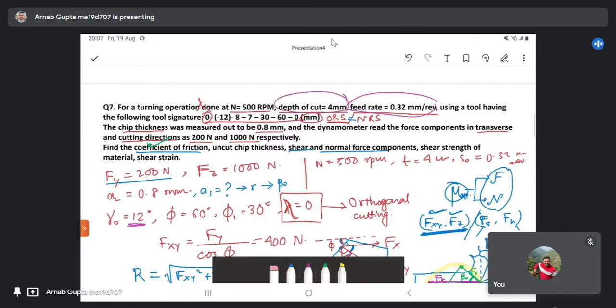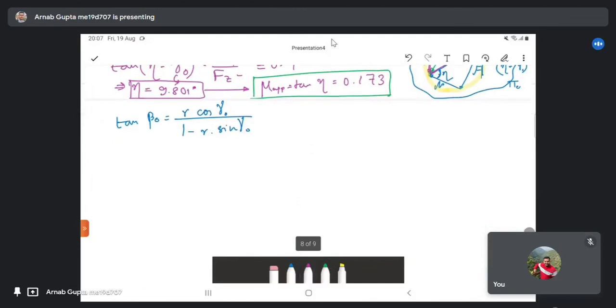So from there you can find out the uncut chip thickness. A1 is S1 S0 sin phi.